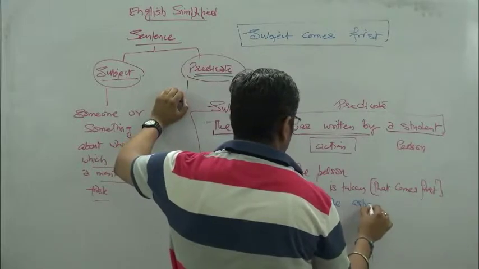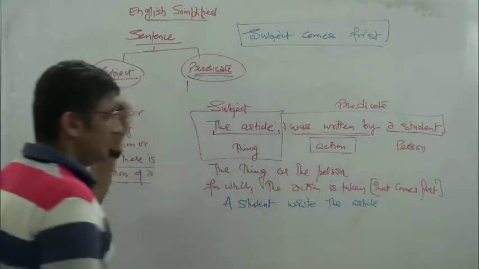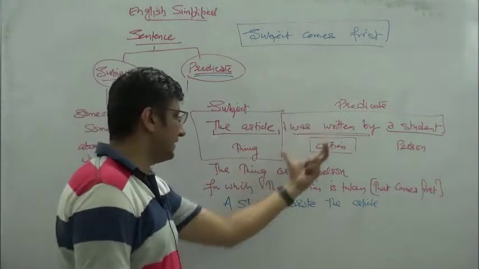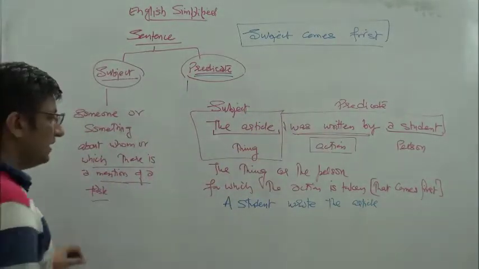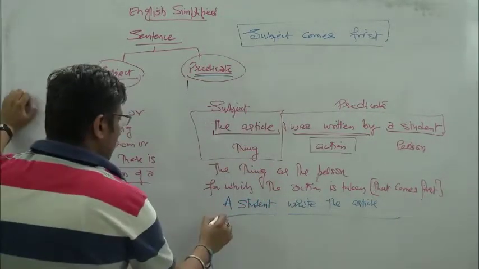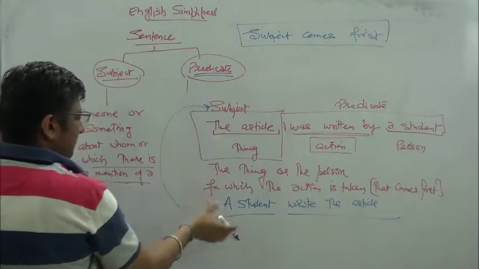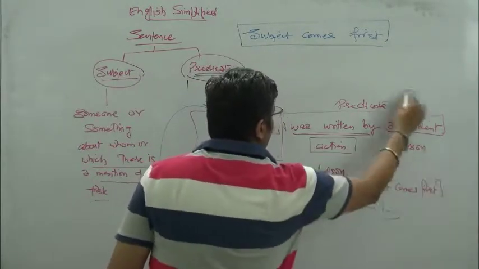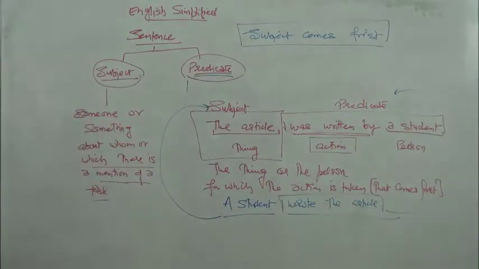All right. Now, just to make it clearer here, if I say that a student wrote the article, okay, so here the same sentence is reframed in a different wording. A student wrote the article. So now of course my subject becomes the student or a student, and my predicate becomes wrote the article here.